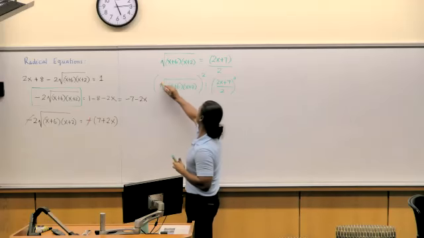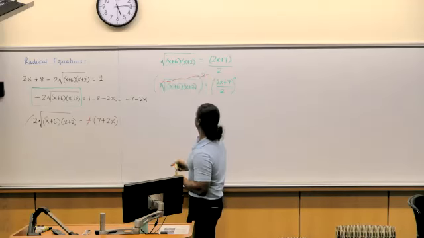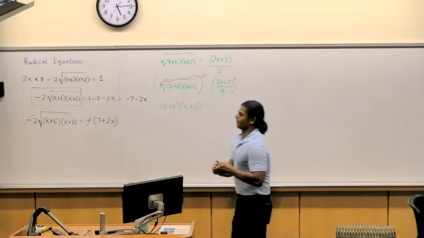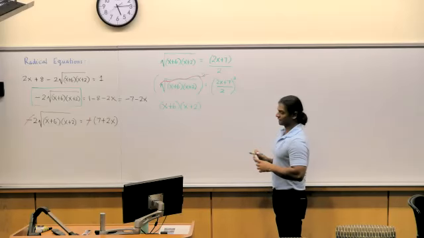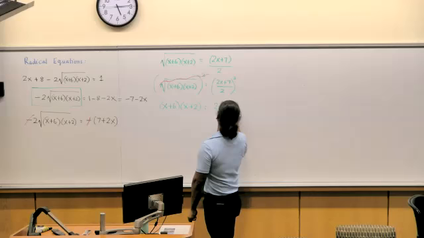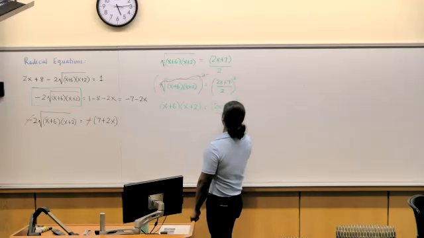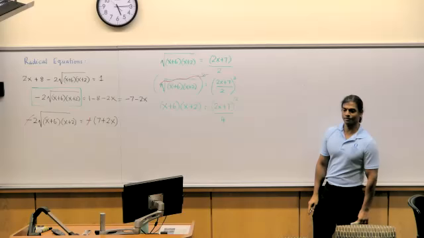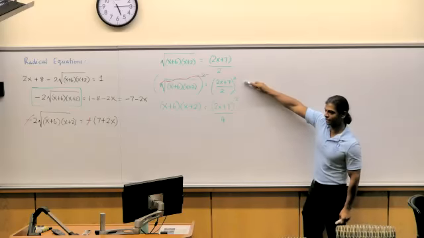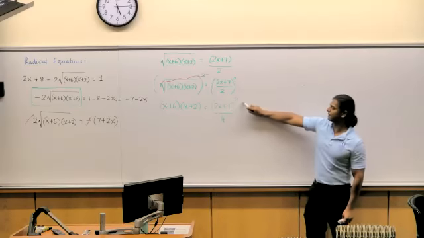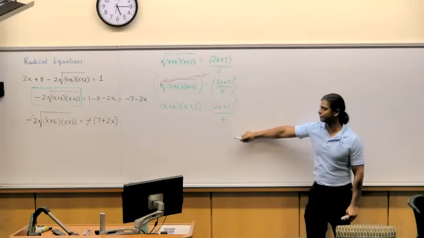Get cancelled. x plus 6 times x plus 2 would be equal to 2x plus 7 squared divided by 4. Good. Apply the square to the numerator, apply the square to the denominator. 2x plus 7 squared divided by 4.